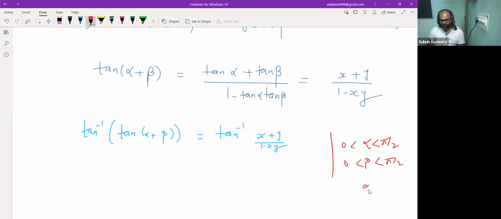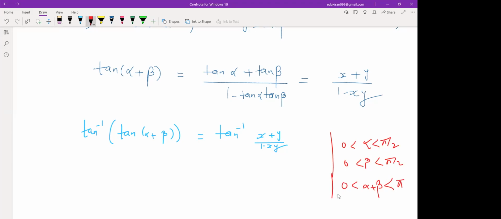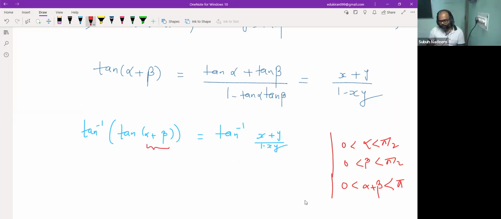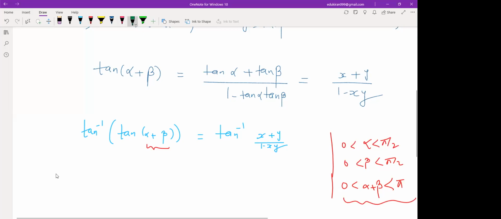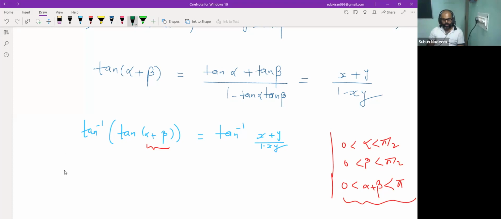So if we add alpha plus beta, its minimum value will be 0 and maximum value will be pi by 2 plus pi by 2, that is pi. See, alpha plus beta is 0 to pi. Is this the principal value range of tan? No. Correct. So this is not the principal value range. But minus pi by 2 to pi by 2 is the principal value range.